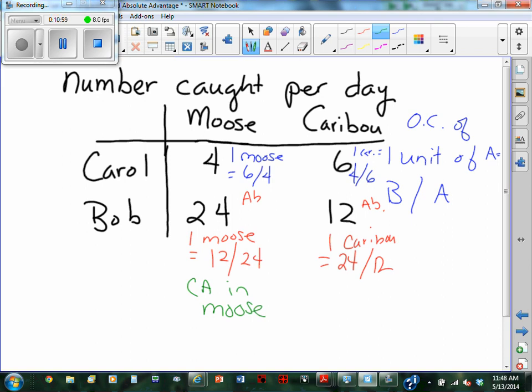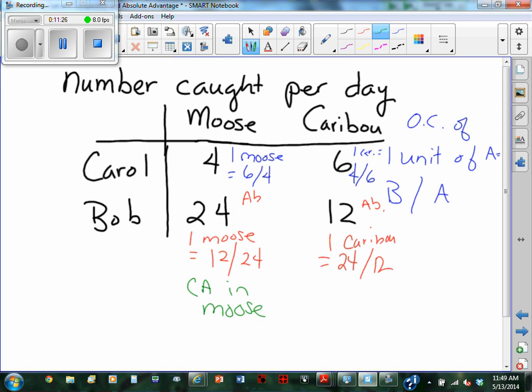On the other hand, Carol. If Carol specializes in caribou, she's only giving up 4/6 of a moose, or less than 1 moose. But if Bob specializes in caribou, he's giving up 24/12 of a moose, or more than 1 moose. For every caribou that Bob catches, he's giving up more than 1 moose.